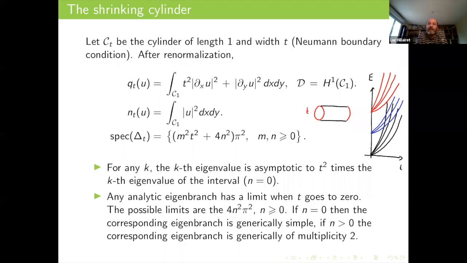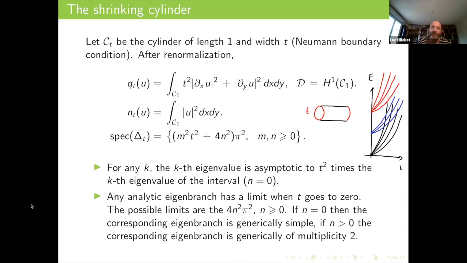What it tells you is that for any k, the kth eigenvalue is given by one of these black eigenbranches, and it's asymptotic to t squared times the kth eigenvalue of the interval. You obtain this by putting n equals 0, because any other eigenbranch will converge to a multiple of pi squared.